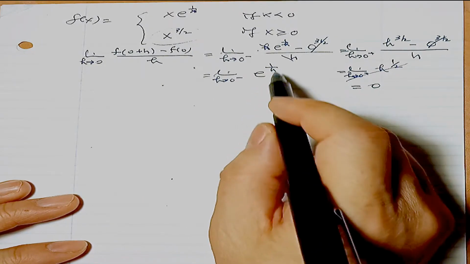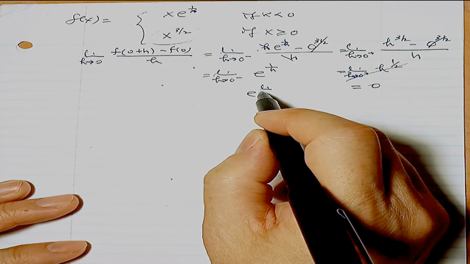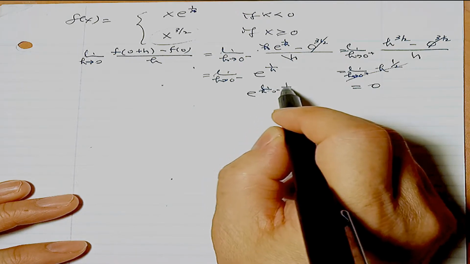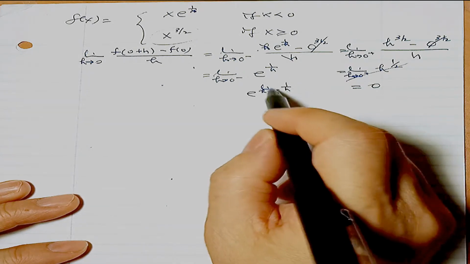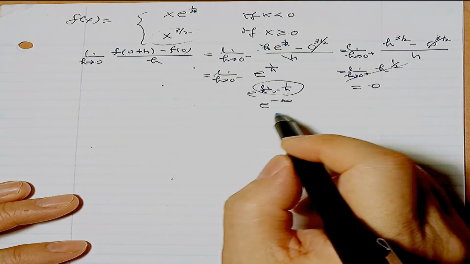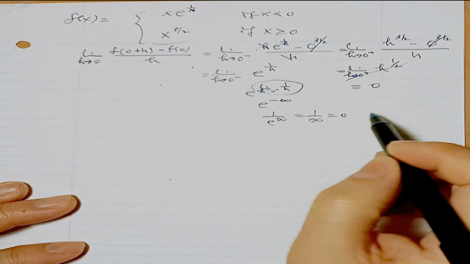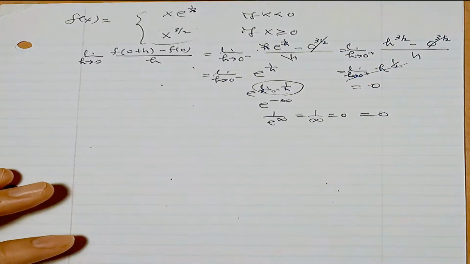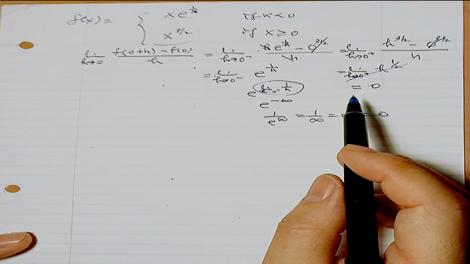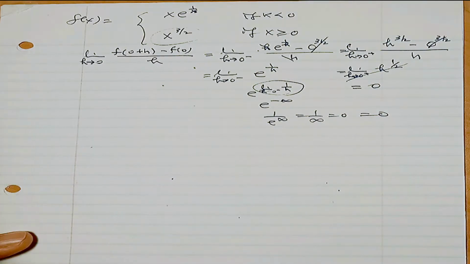So this will become e to the power of 1 over h, which becomes negative infinity. So e to the negative infinity is 1 over e to the positive infinity, which is 1 over infinity, which is 0. So actually left and right are equal. This is what you have to prove. So left and right are both equal to 0.